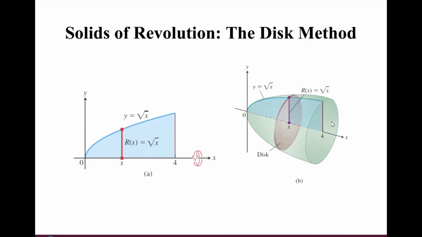In Calc 3, we do a lot of stuff with solids. I believe this shape is called a paraboloid. Imagine like a three-dimensional parabola. That's the solid that you end up with when you revolve this region about the x-axis. Okay, so the length of this line segment from the x-axis to the curve is R of x, which is the square root of x.